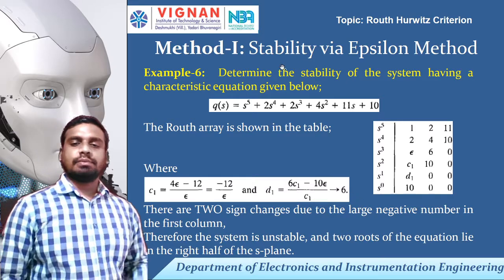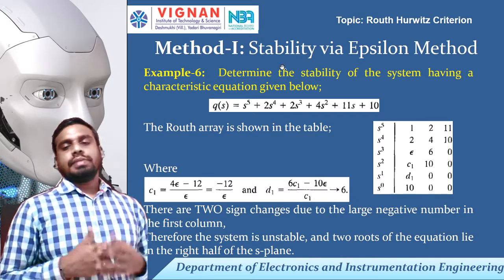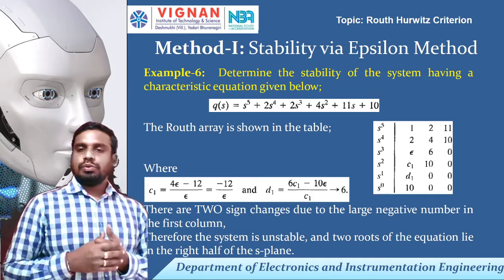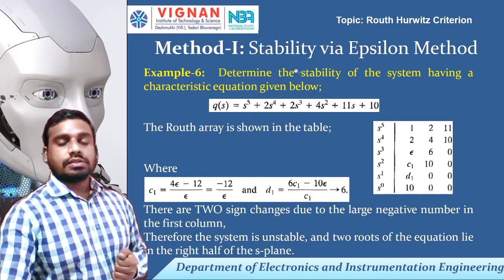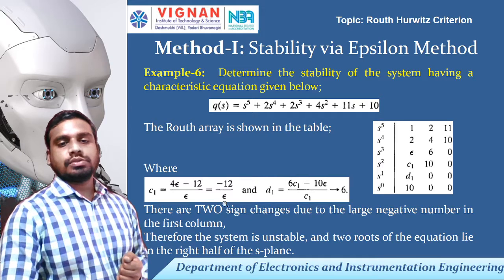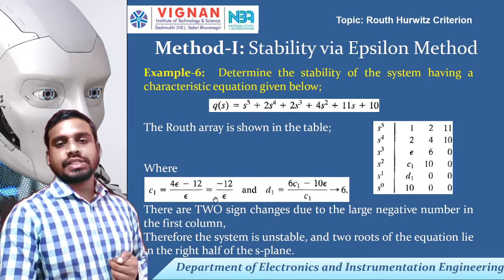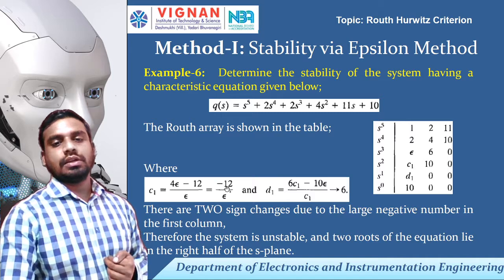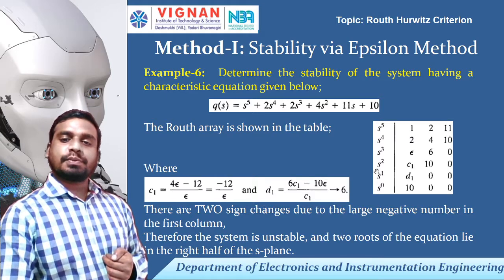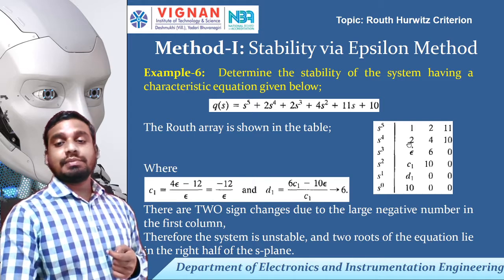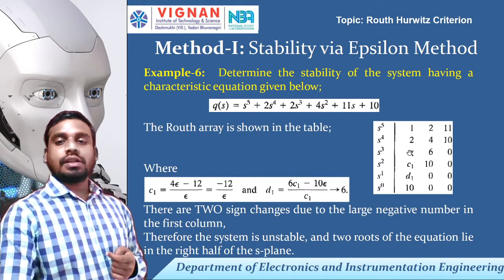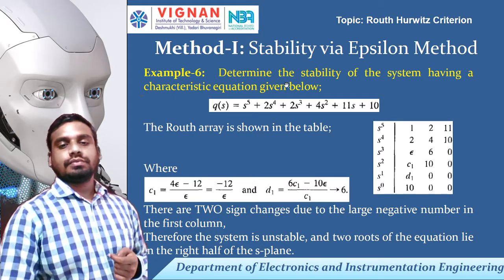Therefore, the system is unstable. So based on the epsilon value, we can estimate whether the system is stable or unstable. Suppose epsilon is a negative value, like minus 1. Minus minus will get cancelled out and you will get C1 as positive. But the sign change will be there from 2 to epsilon and epsilon to C1.